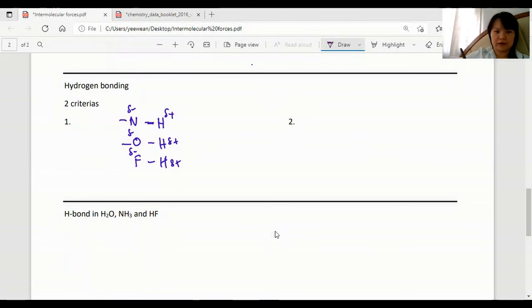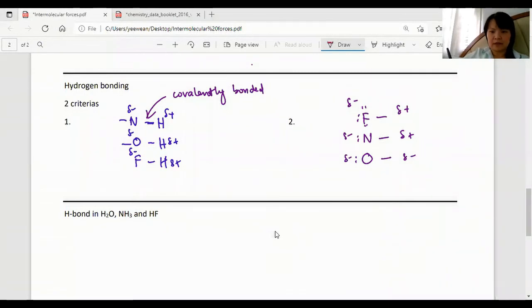So this is the first criterion that I drew just now. Hydrogen, delta plus, must be covalently bonded to an N, O or F. This makes the delta plus and delta minus really different, so there's a huge difference in the electronegativity. Okay, the second criterion is the lone pairs.